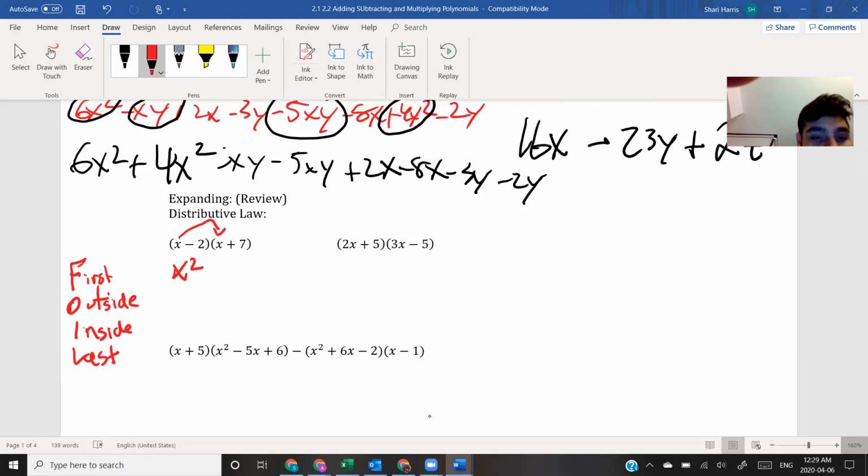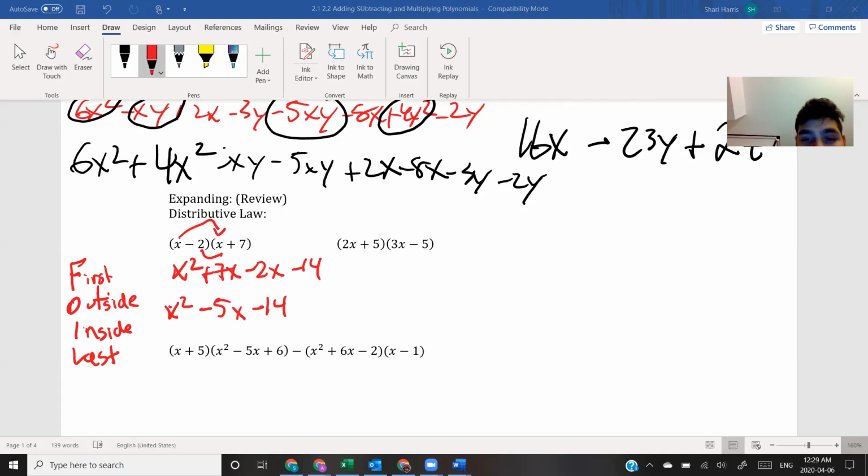Outside is x times 7, which is plus 7x. Inside is negative 2 times x, which is negative 2x. And last, negative 2 times 7 is negative 14. And we're going to simplify to x squared minus 5x minus 14.